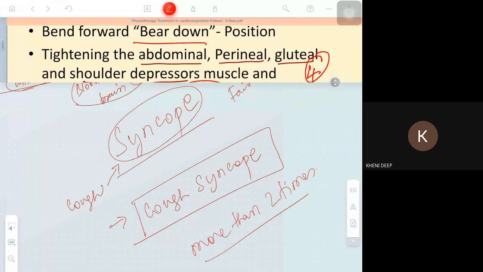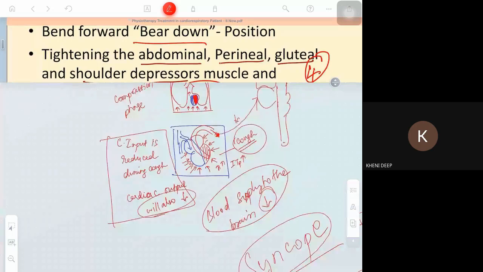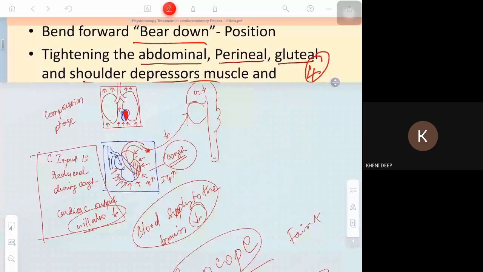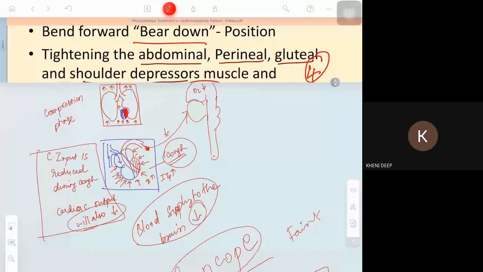Intrathoracic pressure will continuously increase. For a long period cardiac input and output will be reduced. Because of this, the brain will receive less blood supply and less oxygen, and the patient will faint. Because of cough, if the patient faints, the condition is called cough syncope.